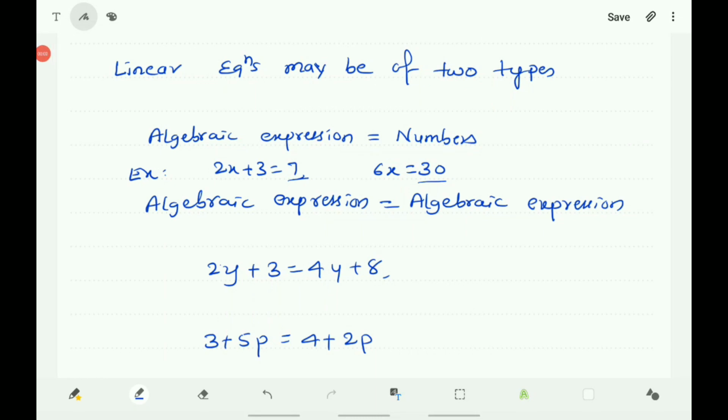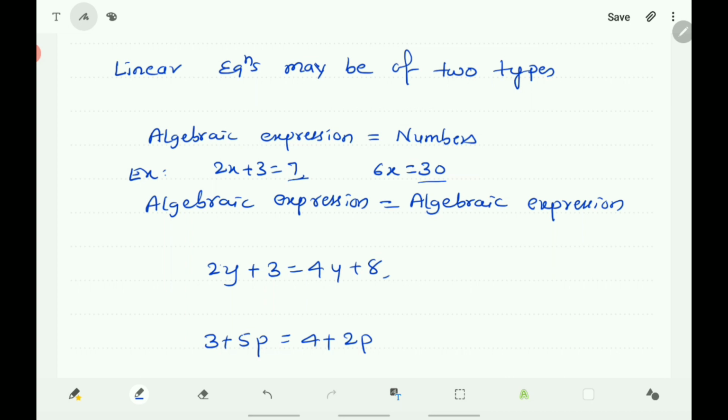Linear equations may be of two types. One type is algebraic expression equals number, or number equals algebraic expression. In this case, one part, LHS or RHS, is an algebraic expression and the other part is a number. For example, take 2x plus 3 equals 7. Here the LHS is an algebraic expression, that is 2x plus 3, and 7 is the number on the RHS.